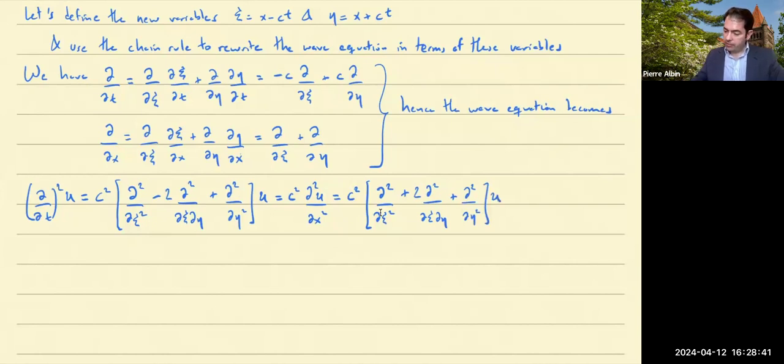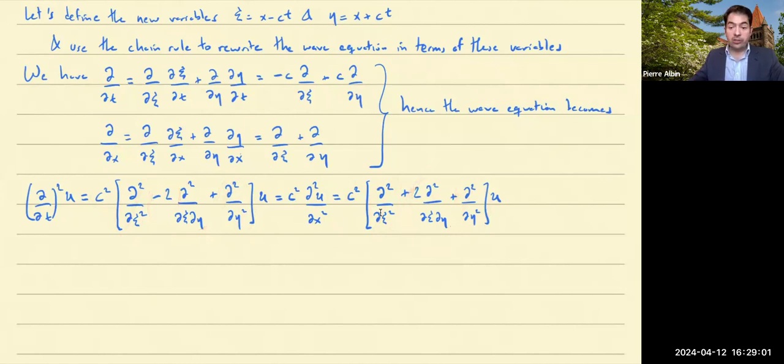And now let's stare at this. So I have a c squared and a c squared, second derivative with respect to each of these variables. So those cancel out. And all that we're left with is minus 2 times the partials and plus 2 times the partials.